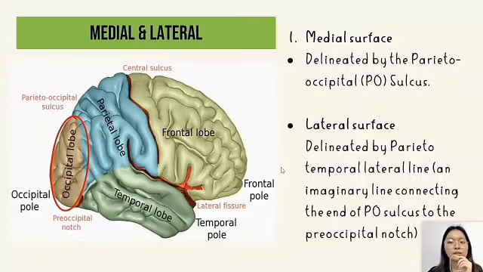Moving on to the medial surface and lateral surface of the occipital lobe. The medial surface of the occipital lobe is delineated by the parieto-occipital (PO) sulcus, and the lateral surface is delineated by the parieto-temporal lateral line, which is an imaginary line connecting the end of the PO sulcus and the pre-occipital notch.